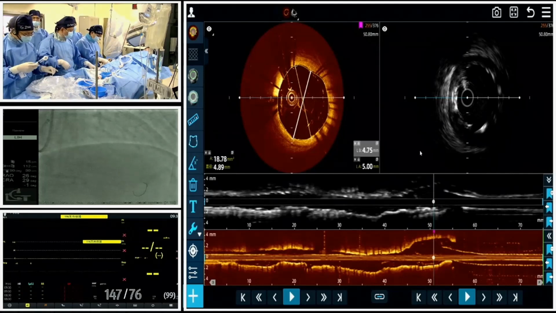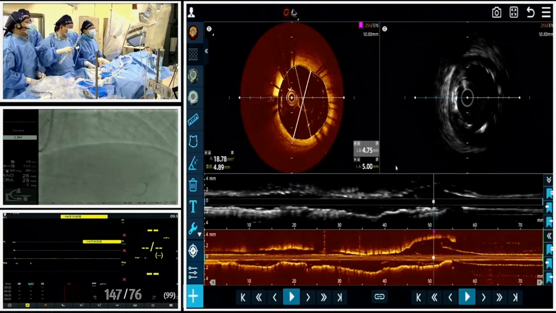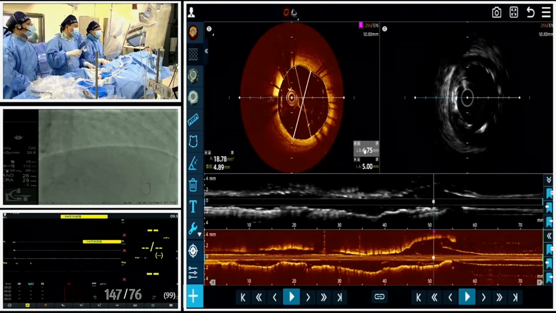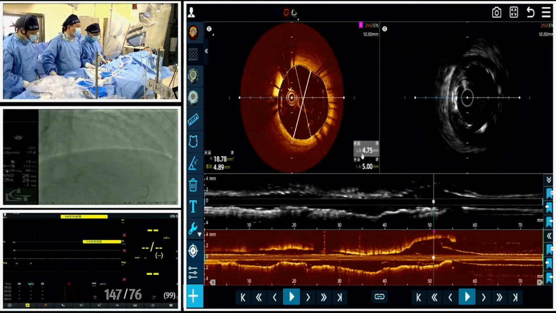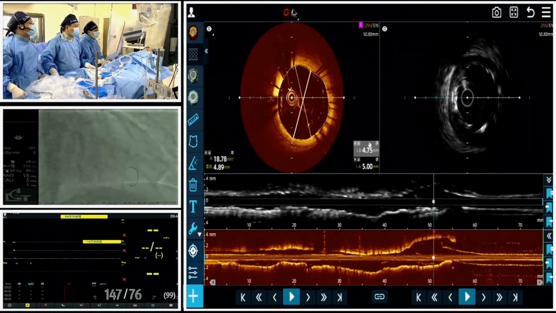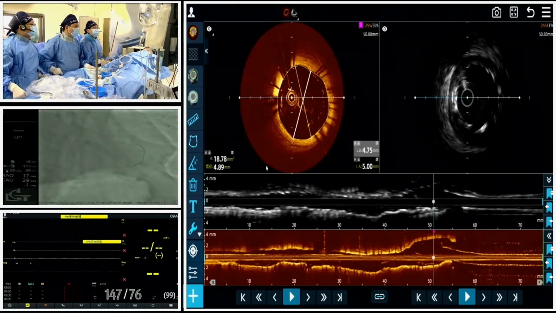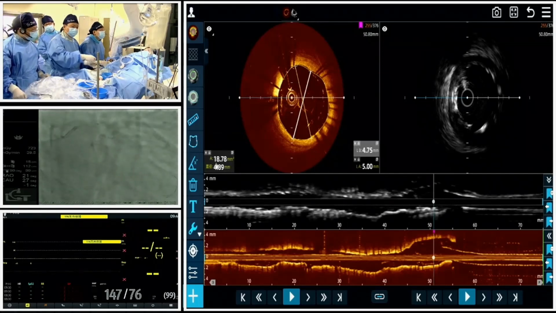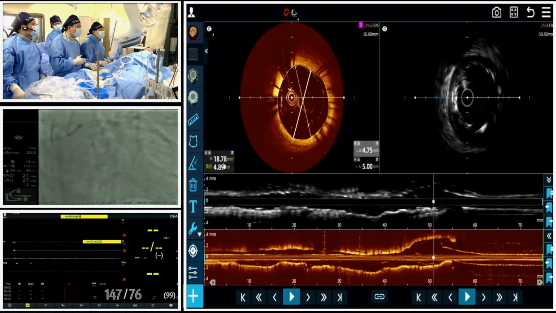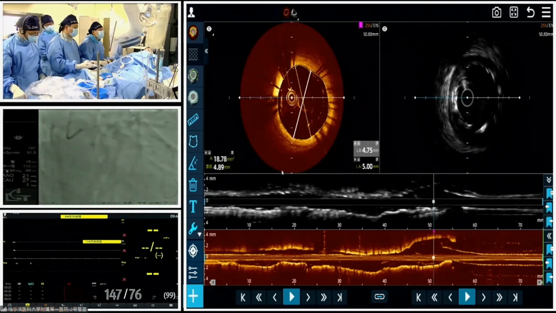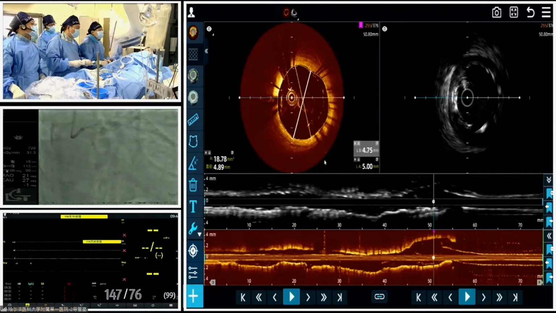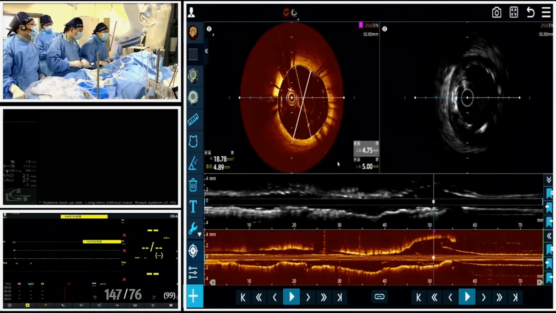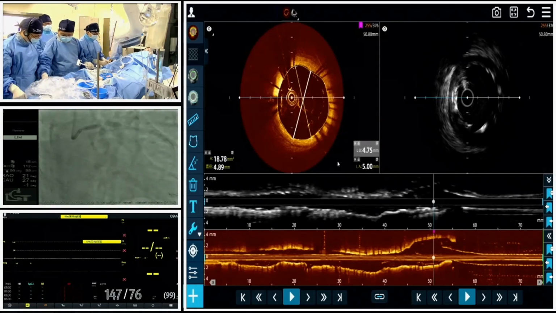Right now, based on the image, we are measuring the MSA of the stent. The MSA in the left main is 8.78 square millimeters. It's very large. So what is the MLA in the LAD?